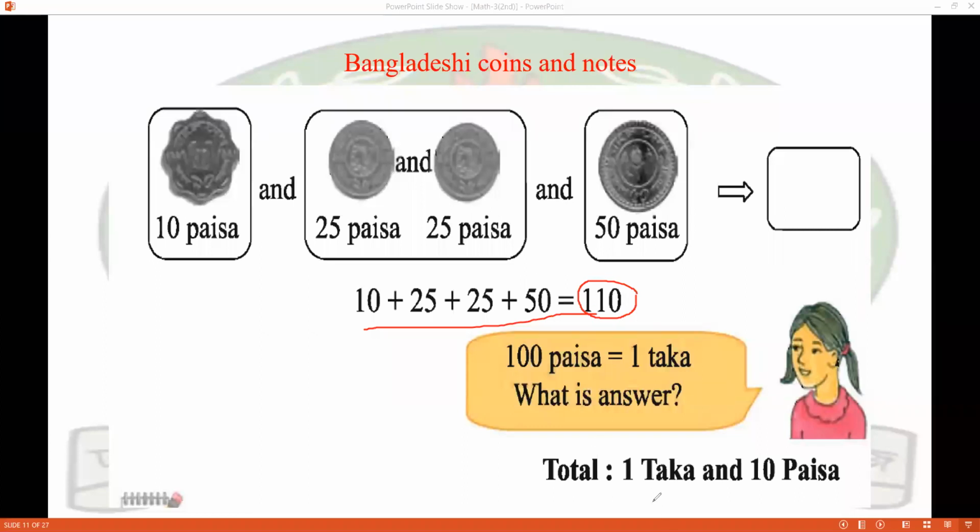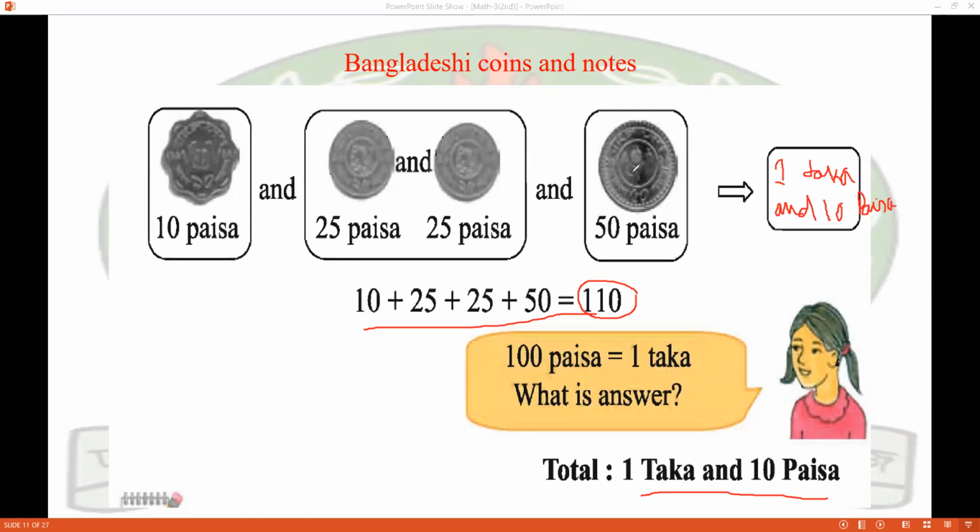So you have to write 1 taka and 10 paisa. So here we get 110 paisa or 1 taka and 10 paisa. So we have to write there 1 taka and 10 paisa. We solve these types of math this way.